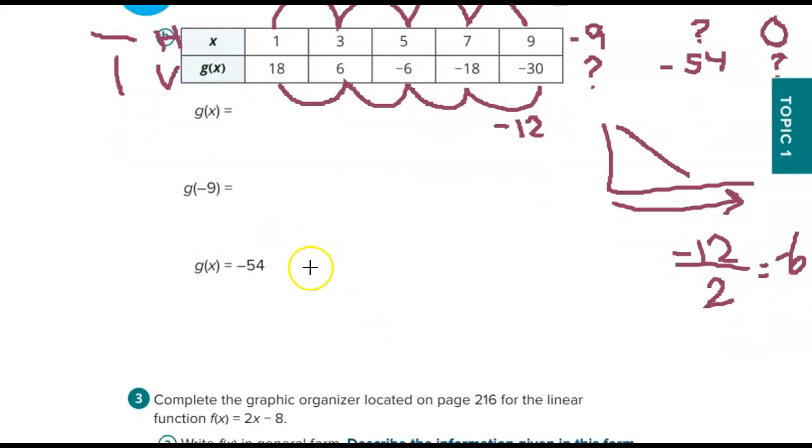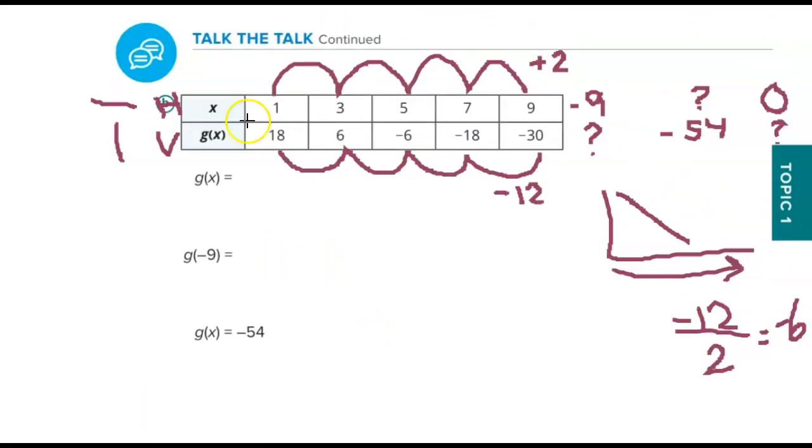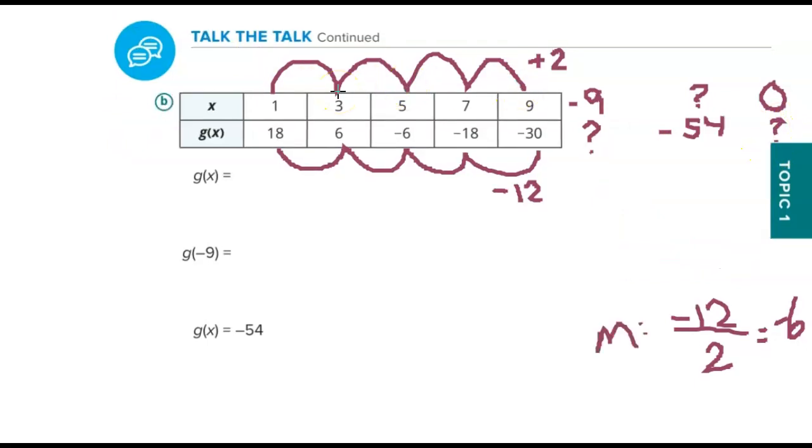All right, so we've got our slope, but now we need the reason we were calculating that first is so that it would be easier to see what this value right here is. So let's think about this for a second. When we go down 2 x values, we go up 12 y values. So if we're only going 1 step from 1 to 0, the amount that we're going to add on is going to be half.